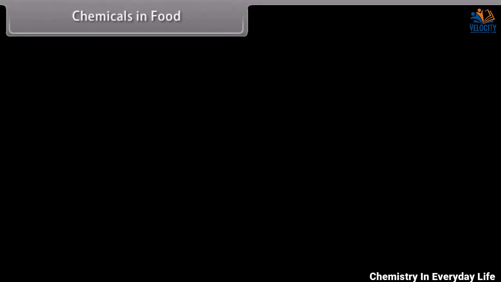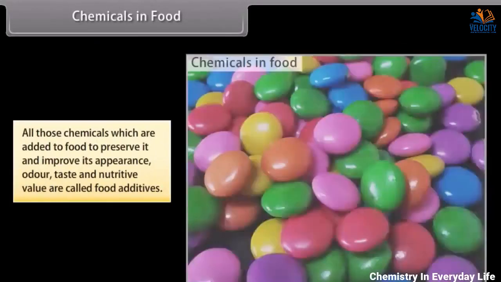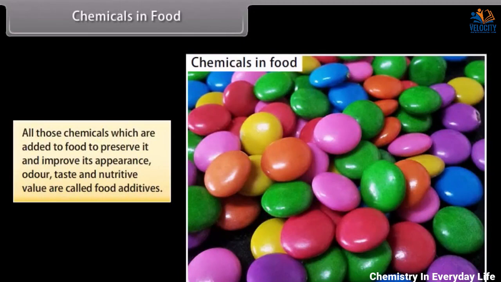Chemicals in food. All those chemicals which are added to food to preserve it and improve its appearance, odor, taste, and nutritive value are called food additives.